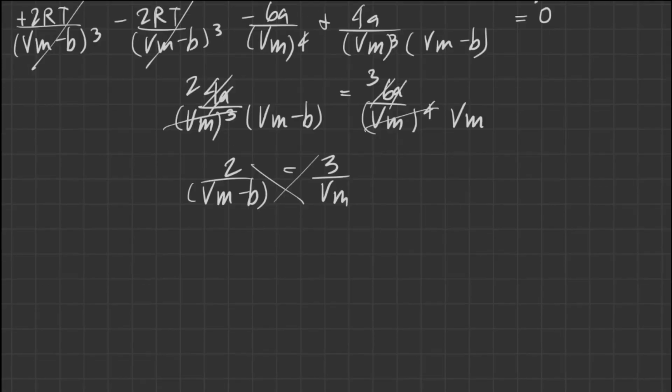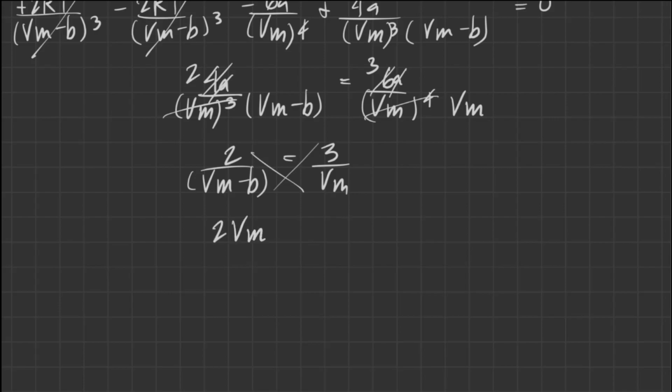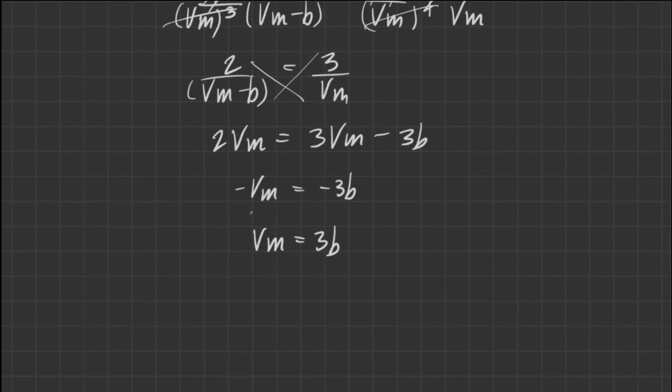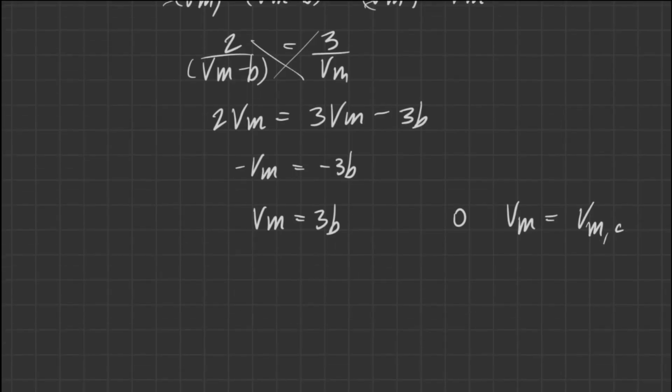Now we can cross multiply and cancel out. So negative Vm is equal to negative 3b, and Vm is equal to 3b. And since we evaluated the derivatives at 0, Vm is equal to Vmc, or the critical molar volume.